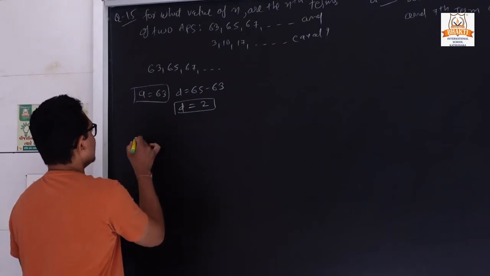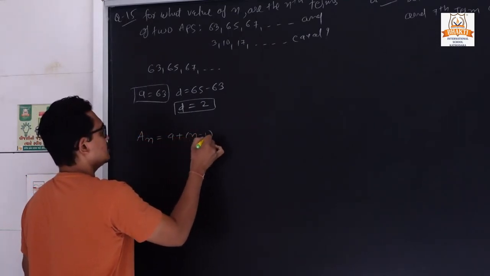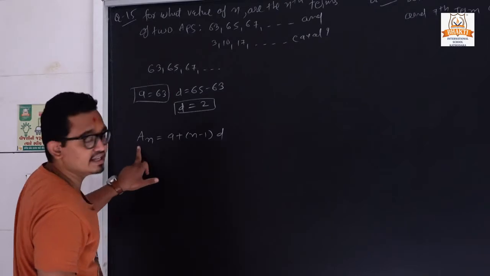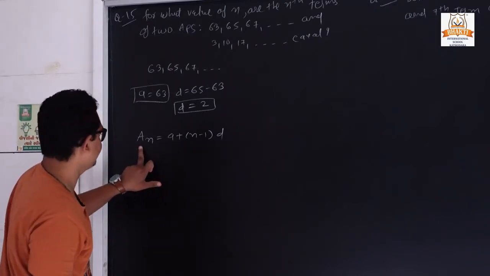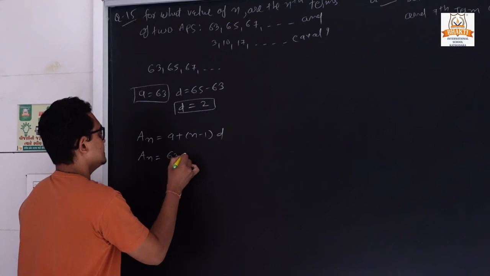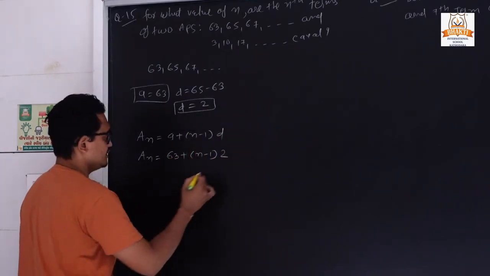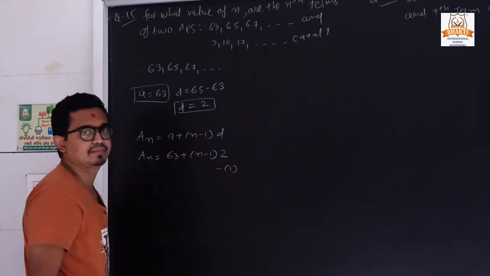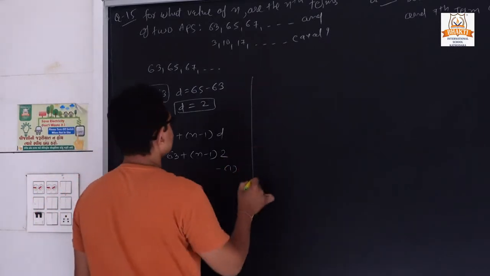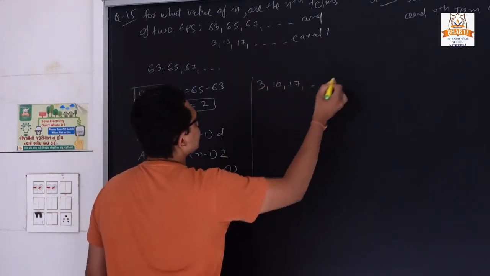So we can write An is equal to A plus n minus 1 into D. For the first series we are using capital A. So An is equal to 63 plus n minus 1 into 2. This is our result number 1. Now for the second series, 3, 10, 17.